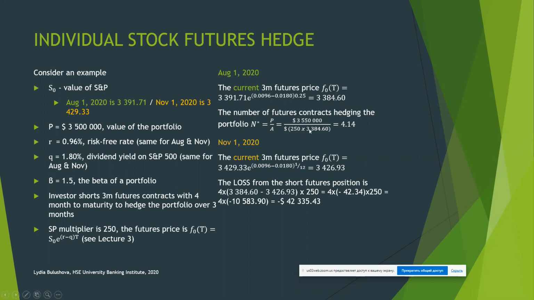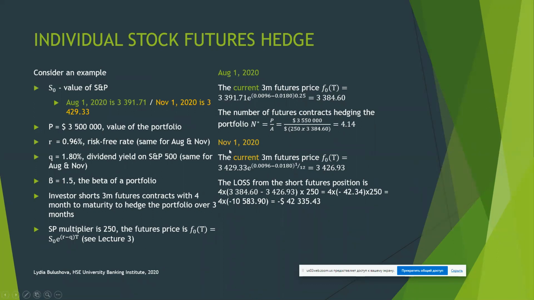We just took a price from here, and thus we calculated what we have. Here is our index, that's the futures price. We take the futures price, we put it here, 250, that's the multiplier, and we get 4.14 for a contract. Okay.